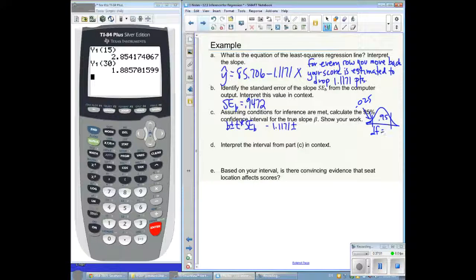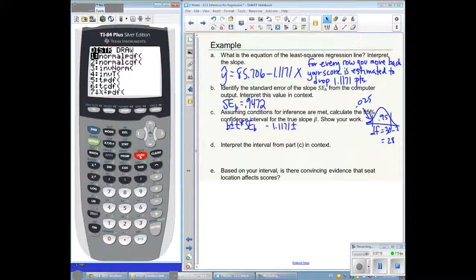And how many students were there? 30, and so we're going to do 30 minus 2, which gives us 28 as our degrees of freedom. So now we can go into the inverse T distribution. And so that's option 4, and I've got it in there already. And so the value we get for T is going to be negative 2.048.